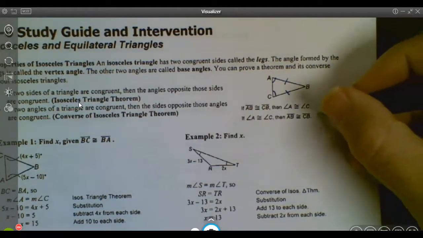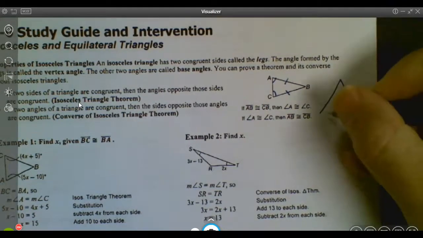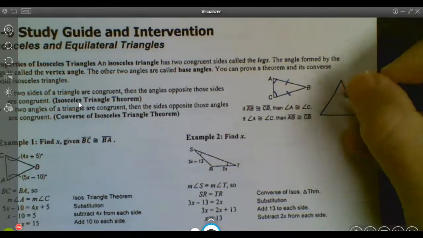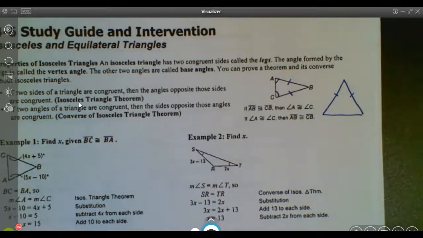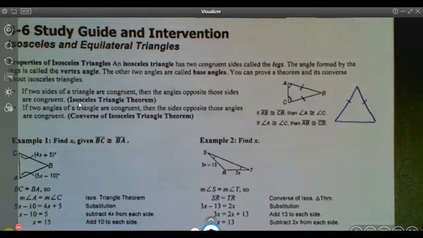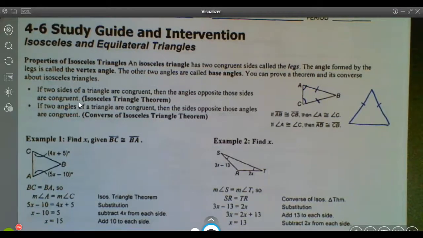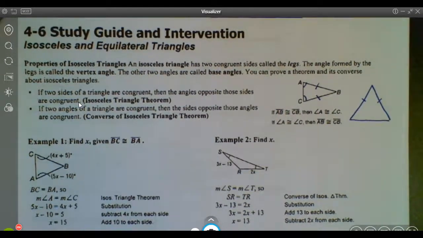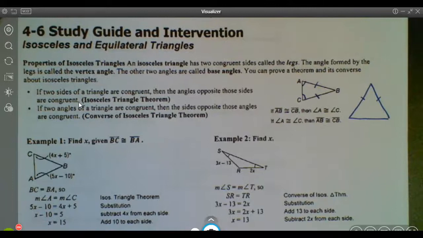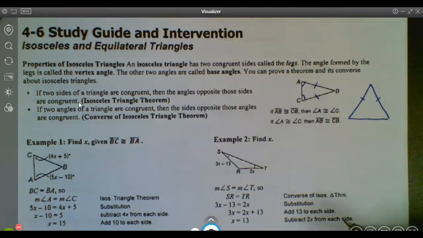In fact, let me do this, and I would encourage you to throw this into your notes for reference. Let's throw in some vocab here. If I have congruent sides, those would be those guys right there. They call those the legs. I'm a little hesitant to use that idea because usually that's something we refer to when we have a right triangle. We call the two sides that form the right angle the two legs. I don't want that to get confusing with this idea, but that's what they're identifying this as, even though it's not a right triangle.